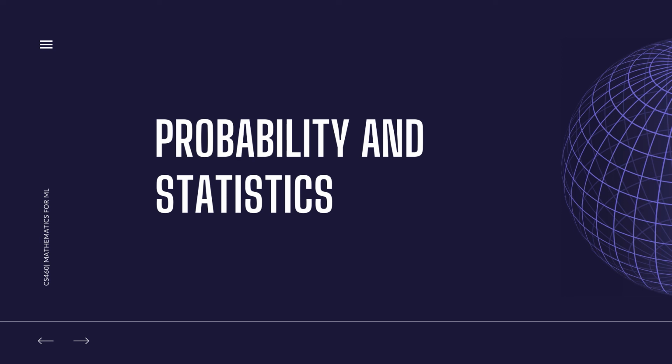Like in ML, we are trying to do prediction based on past instances. In probability and statistics also, we try to guess the chances of an event happening based on different parameters. So statistics plays an important part in understanding ML. So we will be looking into the basics of probability and statistics.